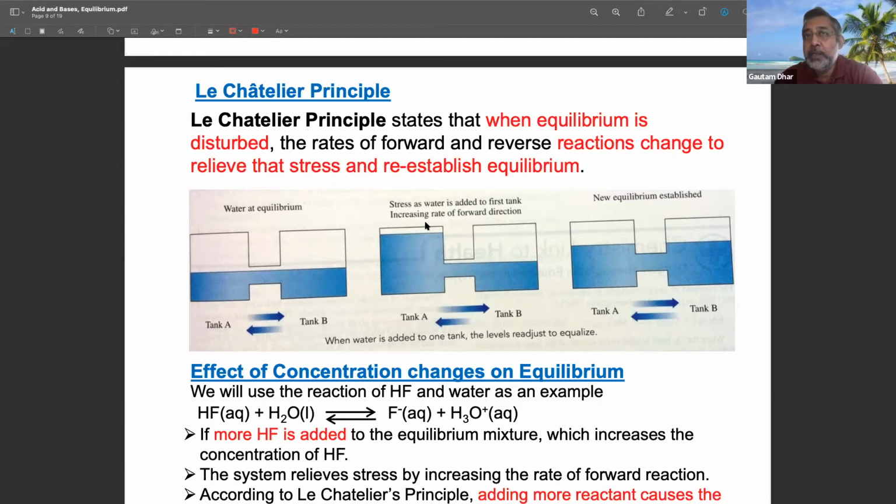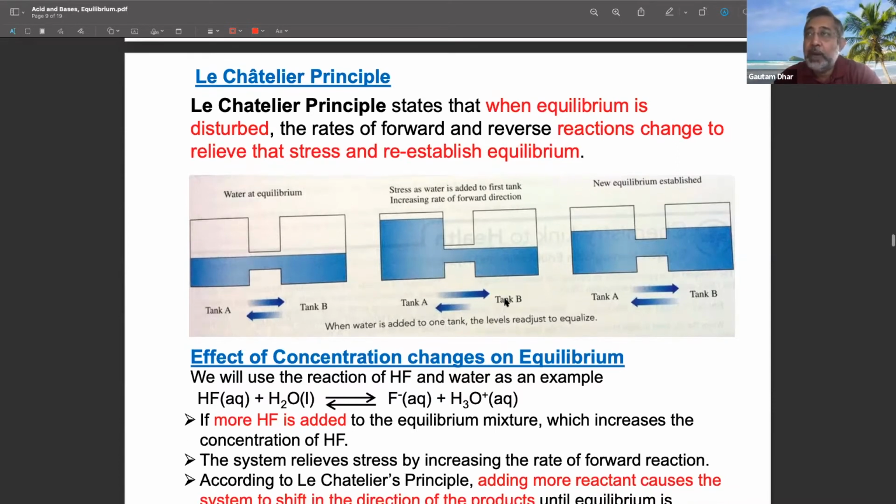The reactant basically moves and becomes product. So it is trying to remove the reactant. The stress is the addition of reactant, and it is trying to remove the stress by removing the reactant and making more product. And a new equilibrium is established after some time, when both the levels become equal.